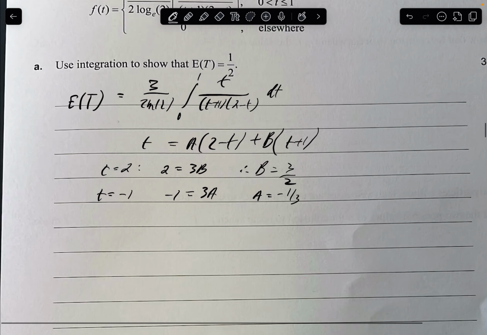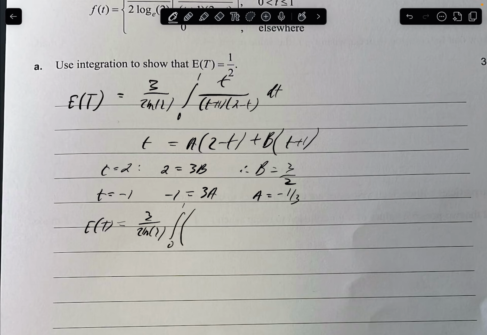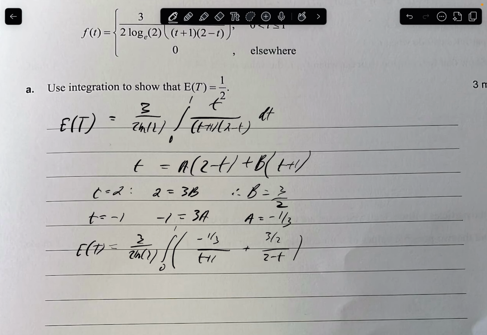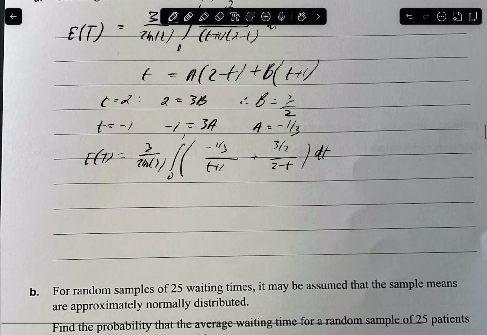And then what you can say is E of t is equal to 3 over 2 ln 2 times the integral from 0 to 1 of -1/3 over t plus 1, and then plus 2/3 over 2 minus t. And for that, what you can say is 3 over 2 ln 2.